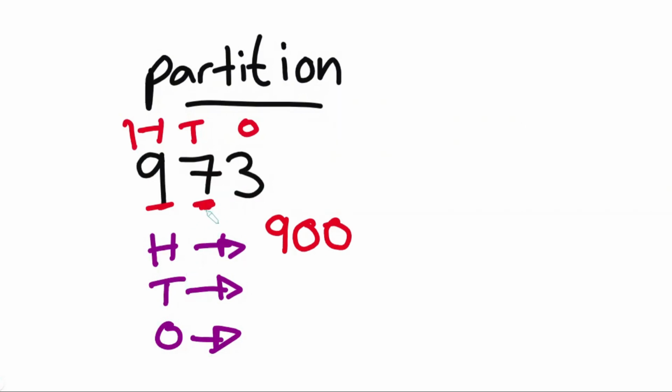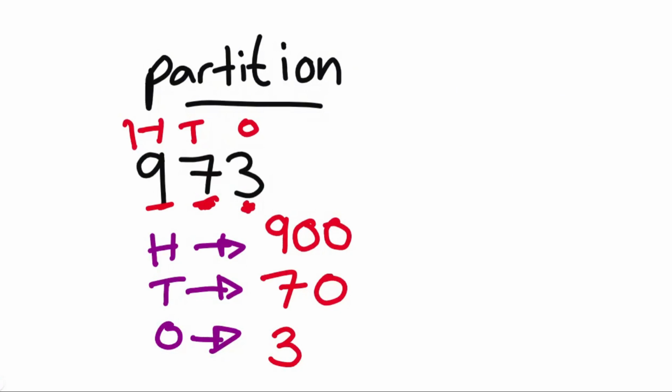How many tens do we have? We have 7 tens, which make up 70, because 7 tens is 70. So we pop our 70 here, just like so. And then the last one is how many ones do we have? What's in the ones column? We can see we've got a nice number 3 in the ones column. So we simply pop a number 3 down like that.